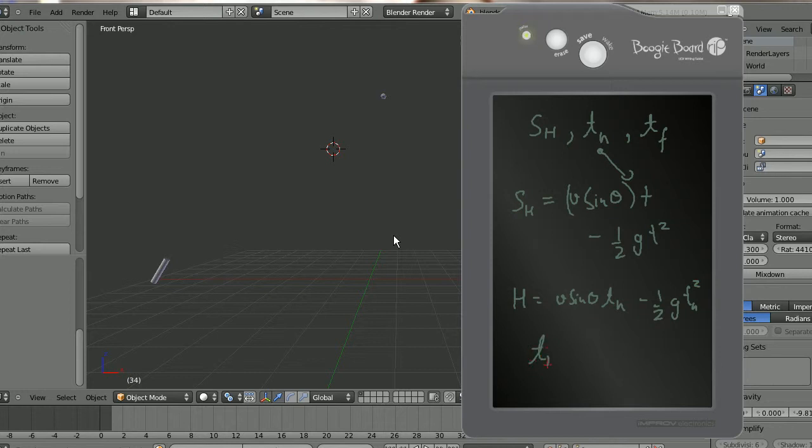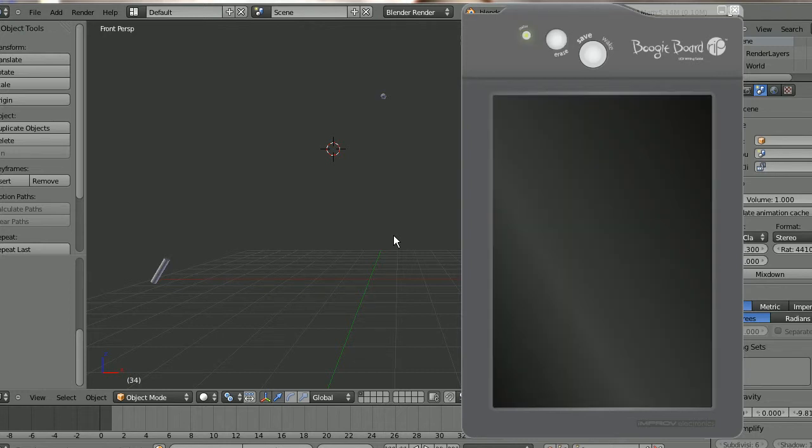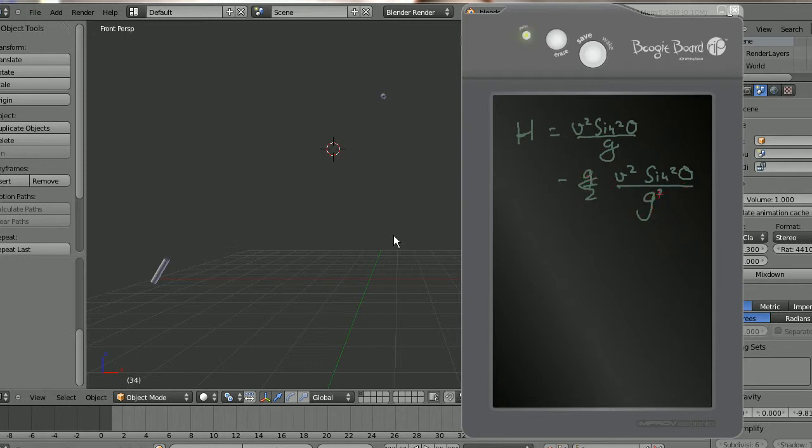We found the time taken to reach the maximum height is equal to v sine theta divided by g, and therefore maximum height h is equal to v square sine square theta divided by g minus half v square sine square theta divided by g squared.